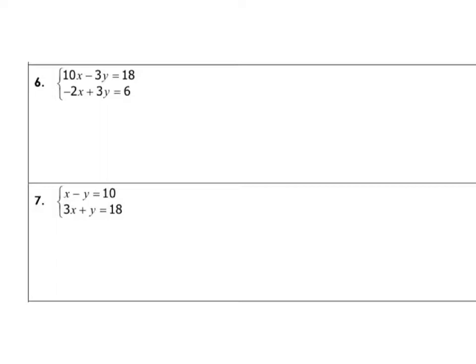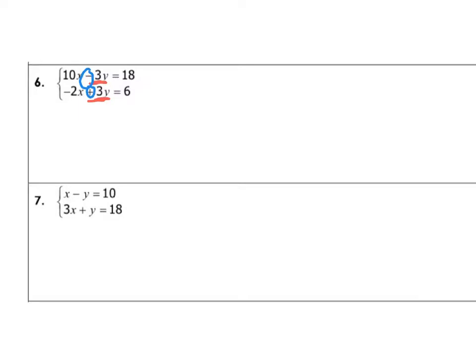All right, let's go through number 6. I might just leave 7 for you, so let's look at 6. Now, if you see, this is negative 3 and this is 3. So that means we're going to look to eliminate our y's. The other ones we actually had to subtract, but if you notice, we have opposites. One is -3, one is +3.